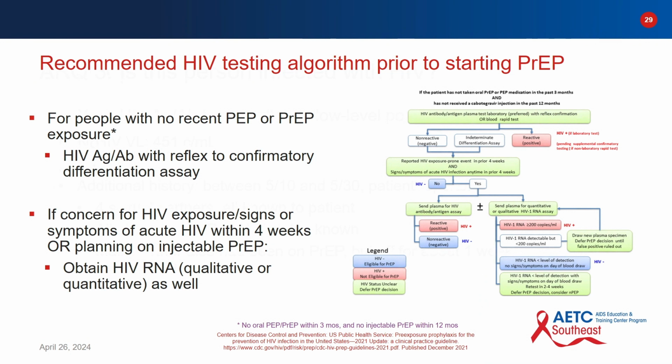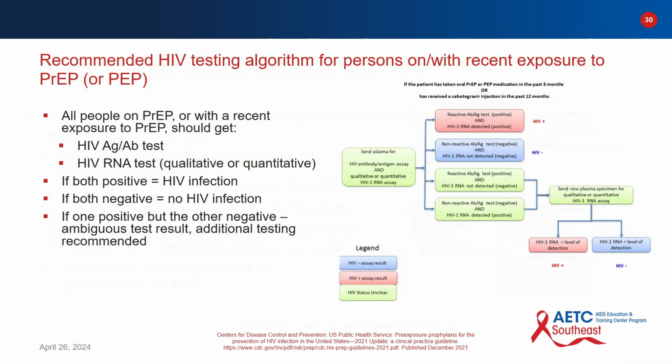Okay. For people who are already on pre-exposure prophylaxis or who have recently had exposure to ART in some form, whether it was PEP or past experience with pre-exposure prophylaxis, they again recommend doing an antigen antibody test and an RNA simultaneously for all of these individuals.